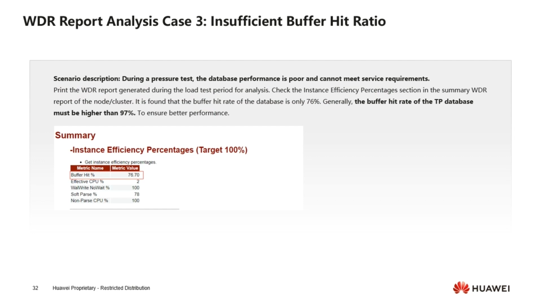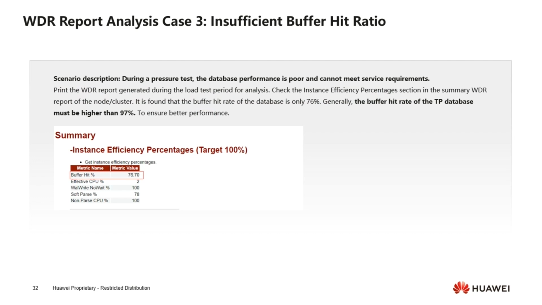From the chart below, we can see that the buffer hit rate was 76.7%, which you might consider as already decent for a database, but actually, we see that as an anomaly. In a healthy system, especially for a transactional type of workload, we advise a hit rate higher than 97% so that it will not be the bottleneck.